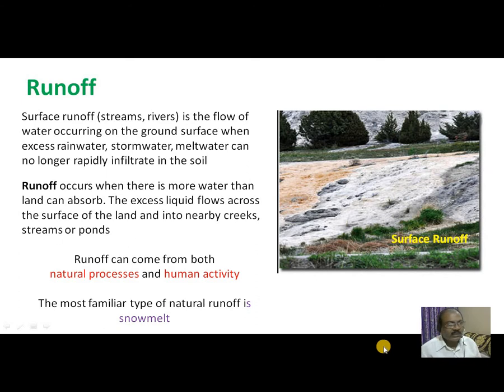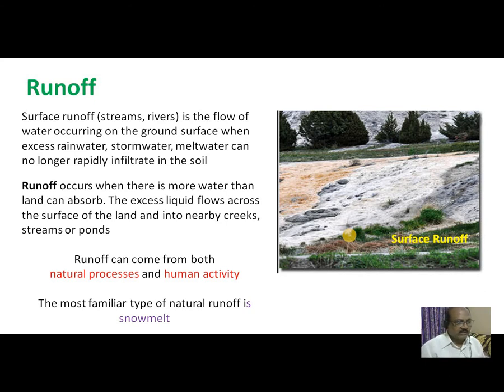Runoff. Surface runoff by means of streams or rivers is the flow of water on the ground surface when rainwater, storm water, or meltwater takes place and infiltrates into the soil. Runoff occurs when there is more water than land can absorb.